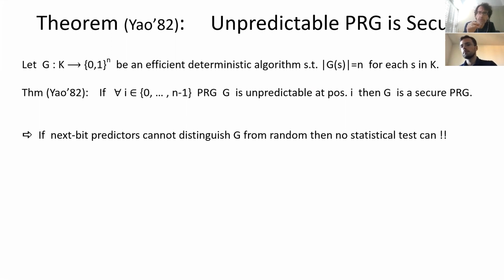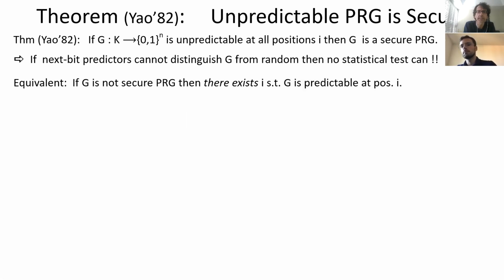What Yao's research says is, if you focus your analysis on showing that this next step prediction cannot work, then the whole thing is a PRG.